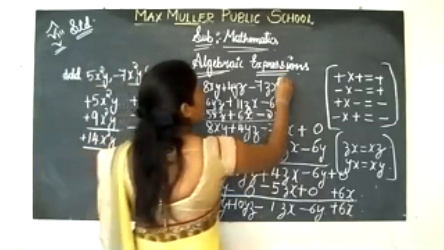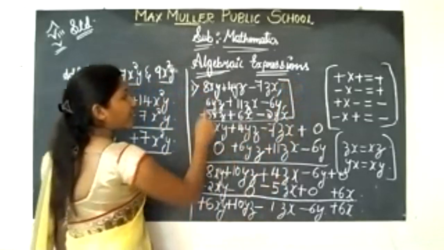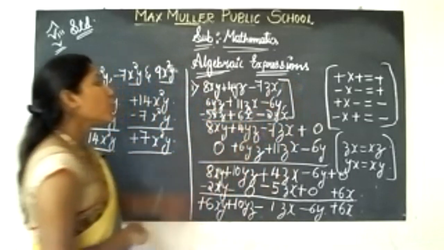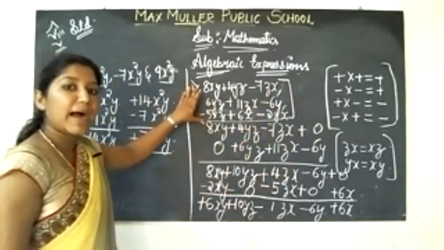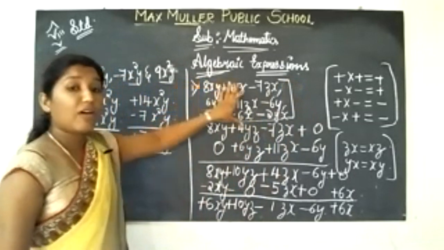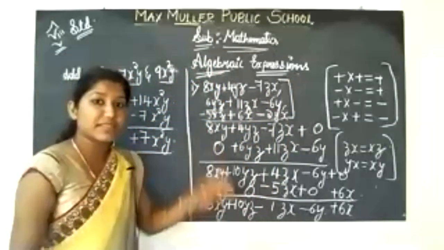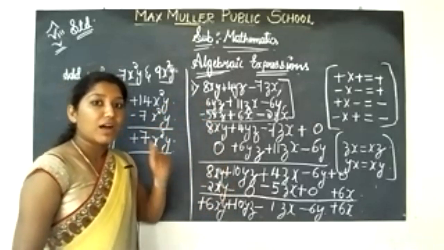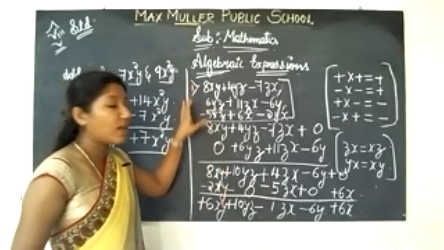Here three expressions they have given: this is the first expression, second expression, third expression. You can do it directly by putting all the like terms aside and solve the problem.